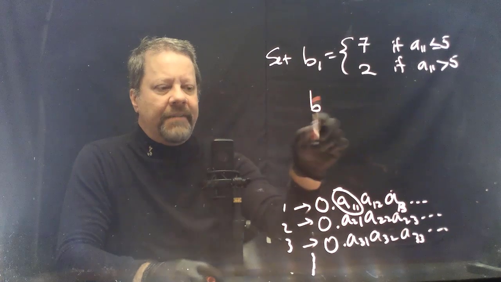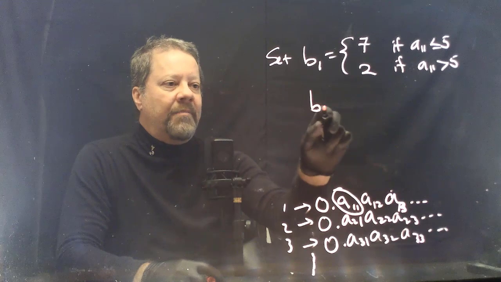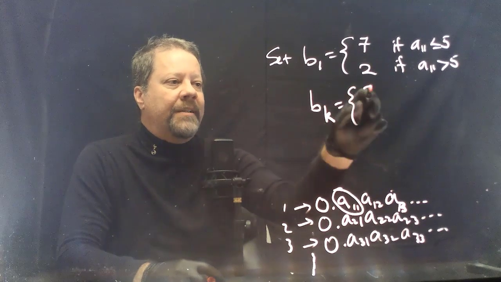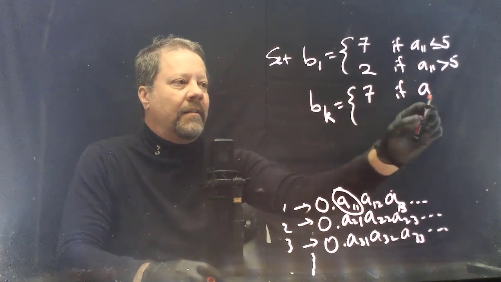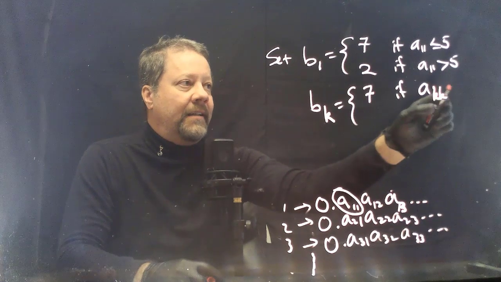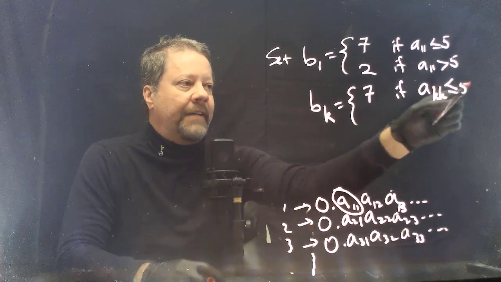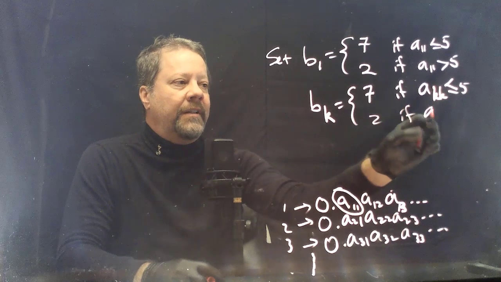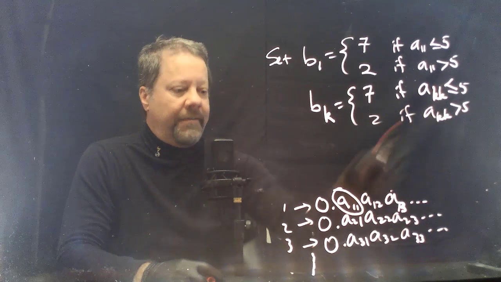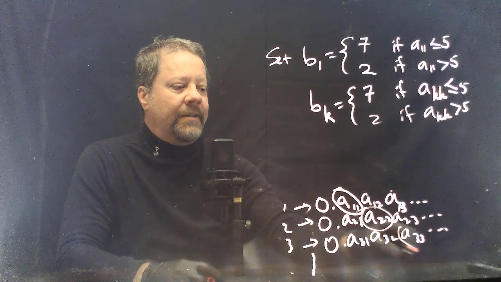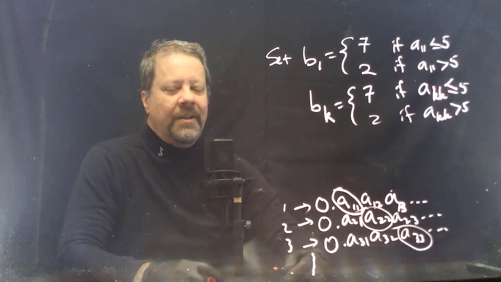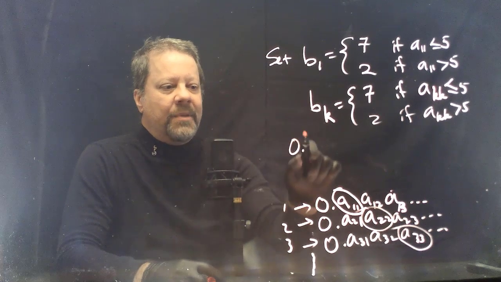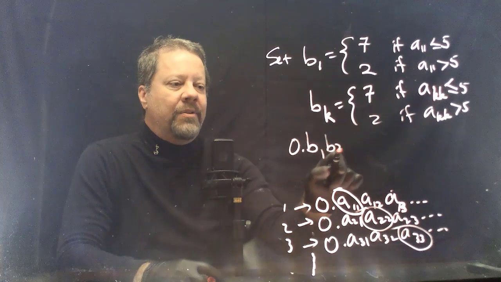And do the same thing for all the others. Bk will be 7 if Akk is less than or equal to 5, and 2 if Akk is greater than 5. We're only looking at those on the diagonal, which means we can construct this number 0.B1B2 and so on.